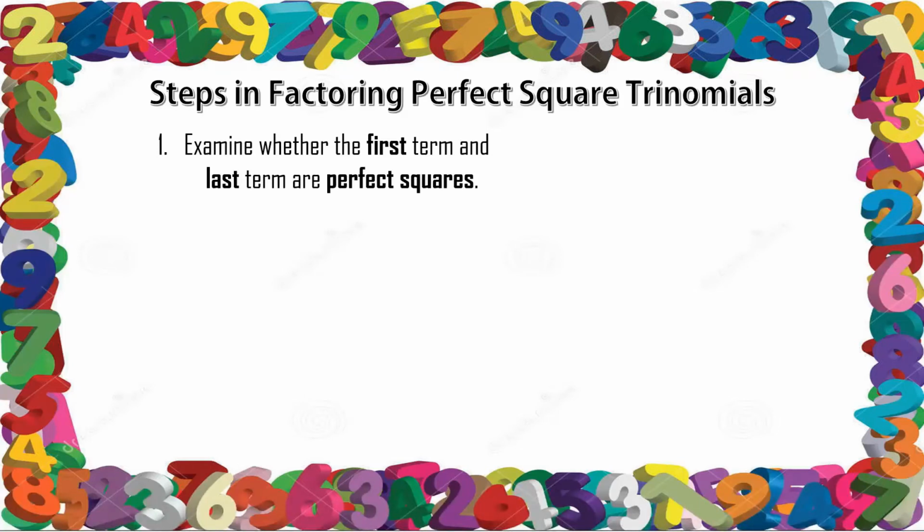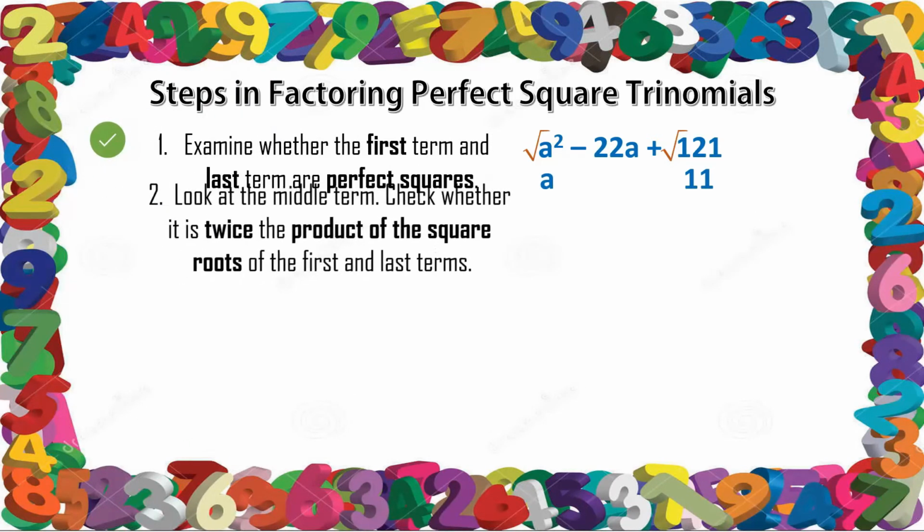We already examined earlier from the given expression a squared minus 22a plus 121 that a squared gives us the square root of a, and 121 gives us the square root of 11. Therefore, both are perfect squares. Check for step 1.